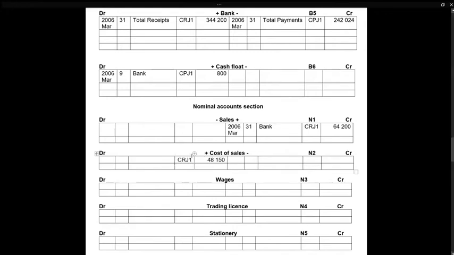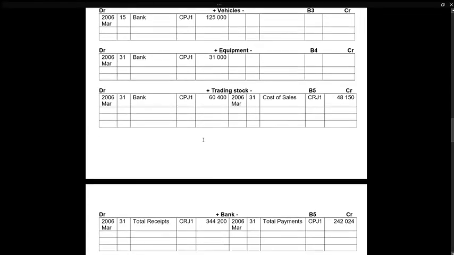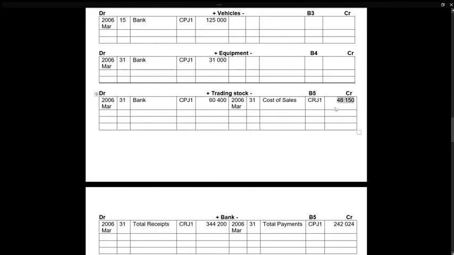Details will be trading stock, took place on the 31st because it's a total of a column, 2006 March. Right, so cost of sales is being debited with 48,150 Rand. If I want to find my credit, I need to go and have a look in trading stock. Let's go to trading stock just to show you an example. There's my credit. Okay. Trading stock has been credited.